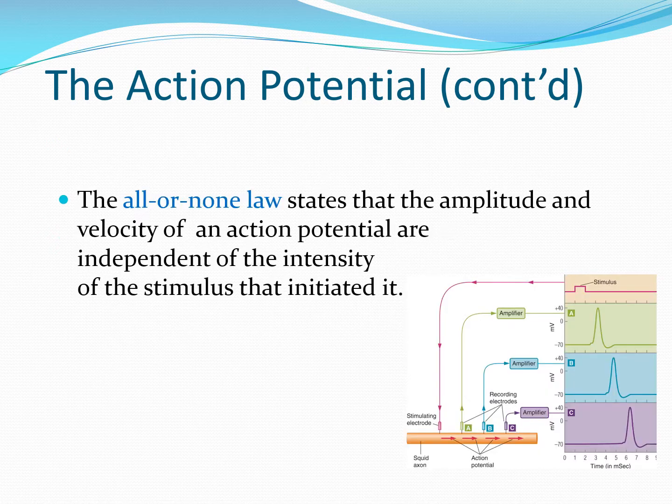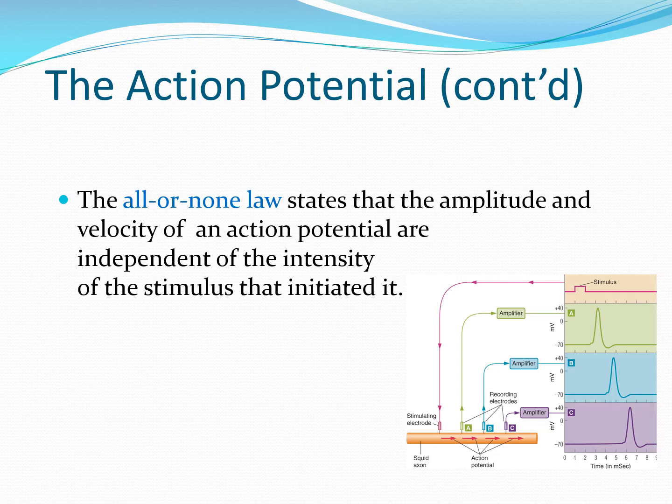Okay, and importantly in all of this, which I've stated before, but without the terminology of the all or none law itself, the all or none law is stating that the amplitude and the velocity of the action potential are independent of the intensity of the stimulus that initiated it. What I mean by that is that it's going to start at that axon hillock.